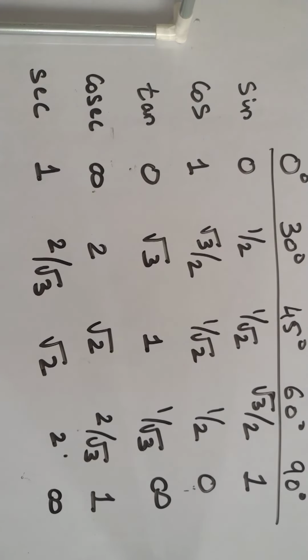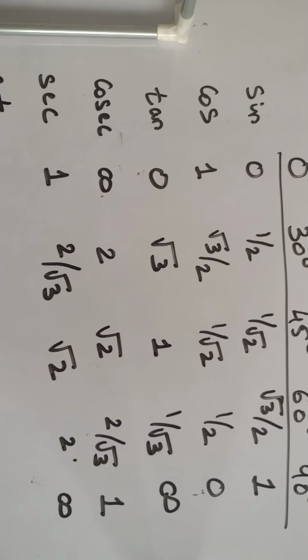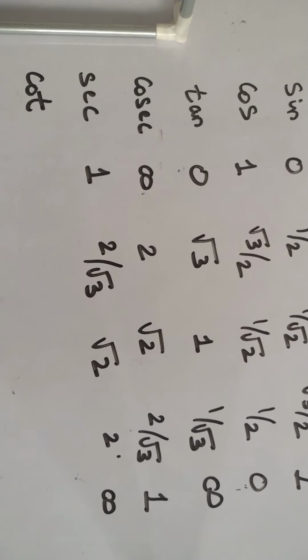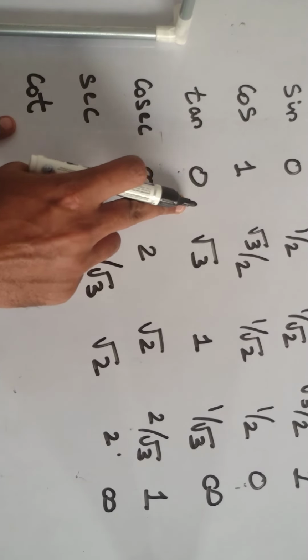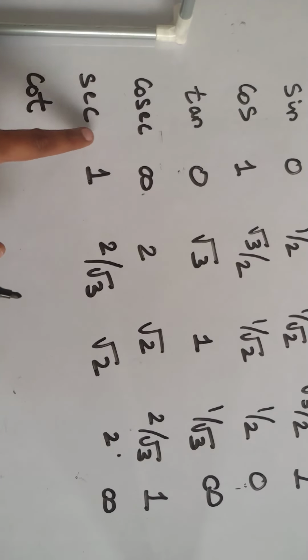Are you following it? Okay, it's very very simple. And next the final term is cot. How can you perform cot? There are two ways again for cot. You can either take the reciprocal of tan or you can divide cosec by sec.